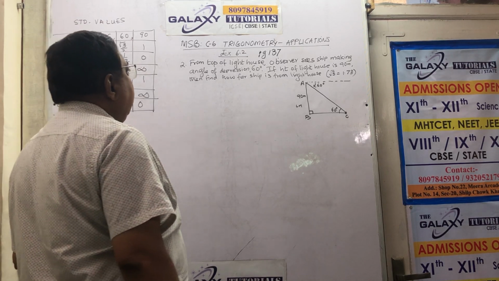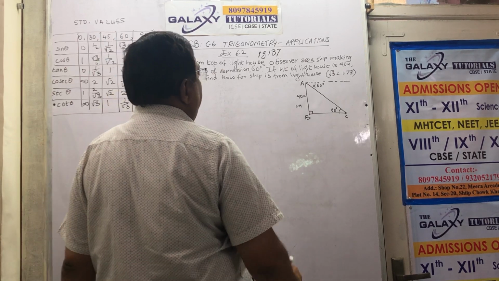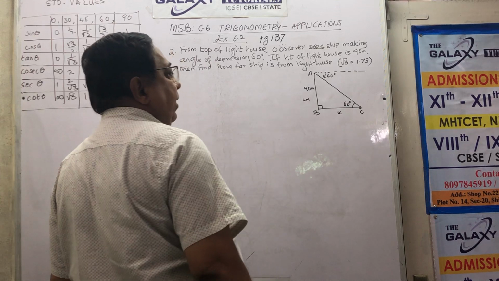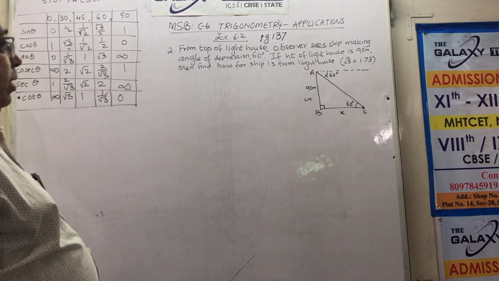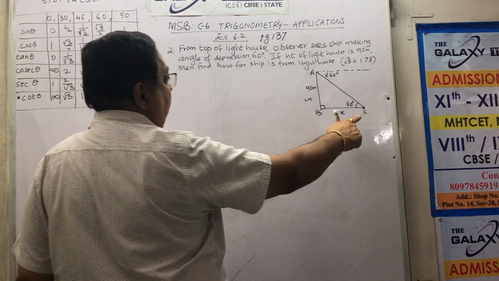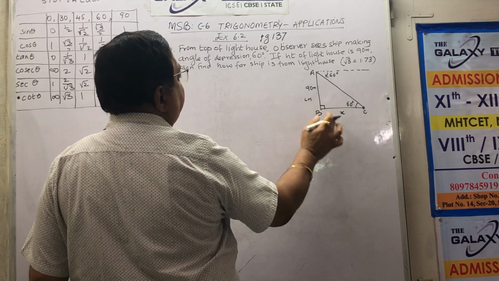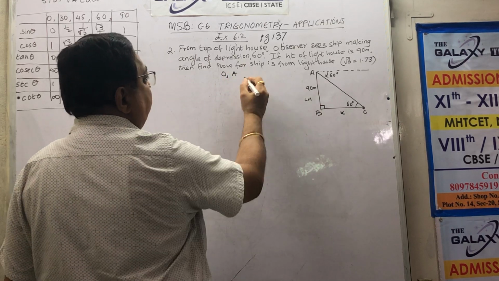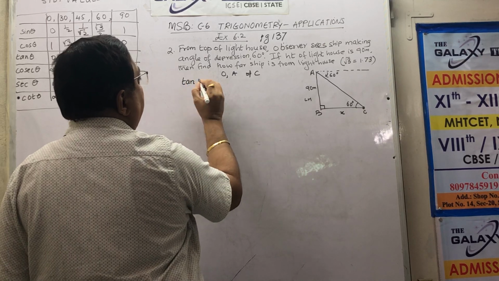Okay, now 90 meters is given. How far is the ship? How far? I am supposed to find this. Now, you can again see, we are at C, I have 90, I have X, so I have the opposite side, I have the adjacent side of C. Therefore, I will use tan.